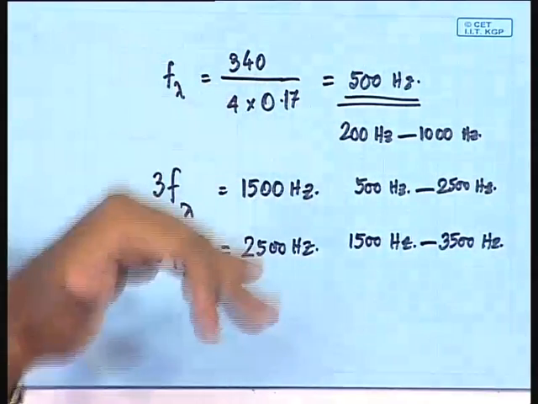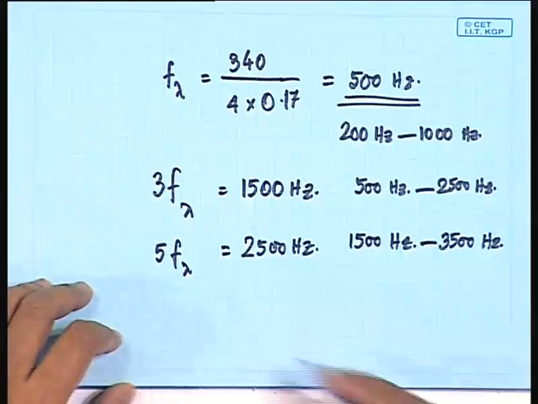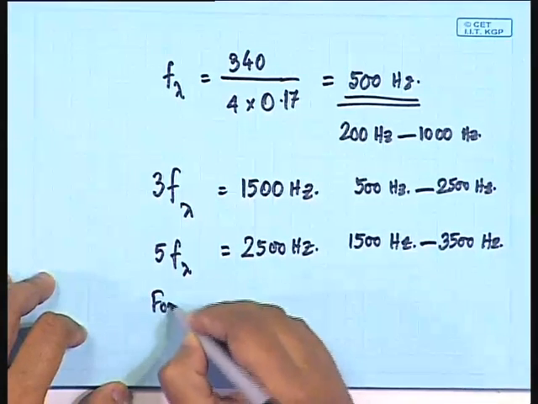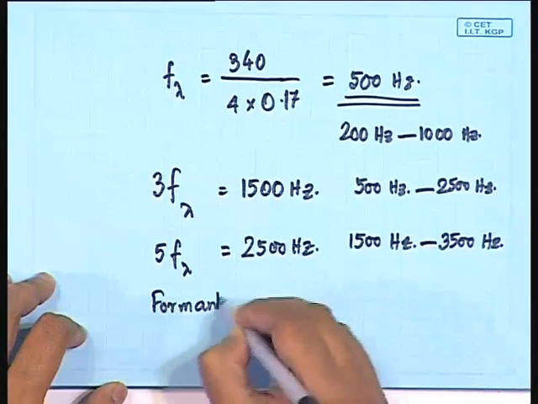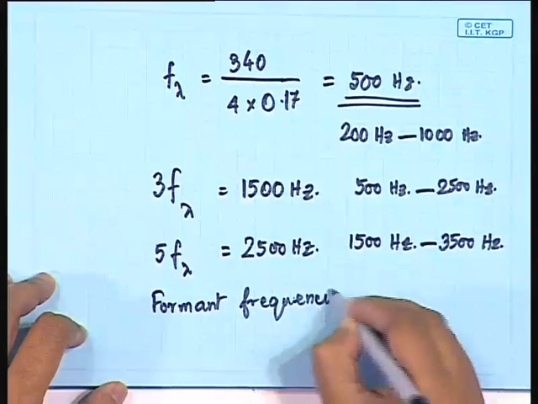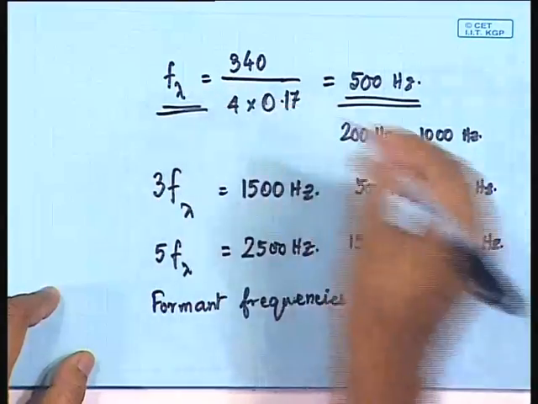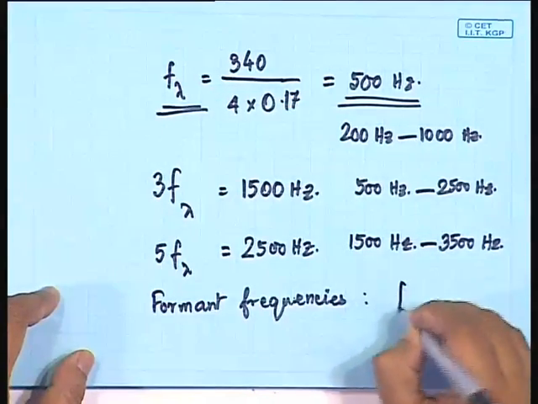Now, these frequencies that we are getting, what we are calling resonant frequency, this is actually the characteristic of the vocal tract, and we call these resonant frequencies as formant frequencies. The first formant frequency is what we have corresponding to f lambda.